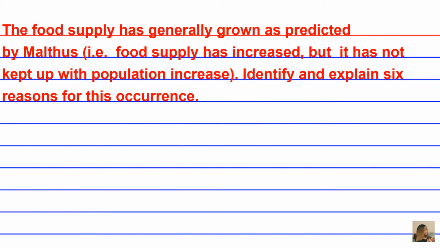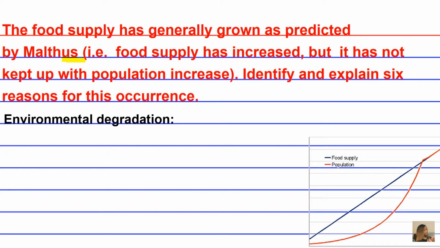Another reason why the food supply has generally grown according to Malthus's predictions is because of environmental degradation. I'll give you a moment to explain to yourself or write out why this is.